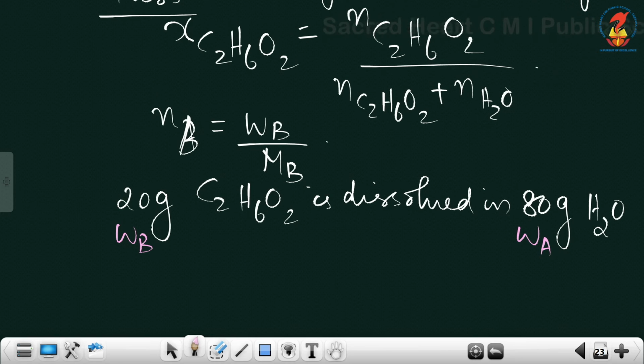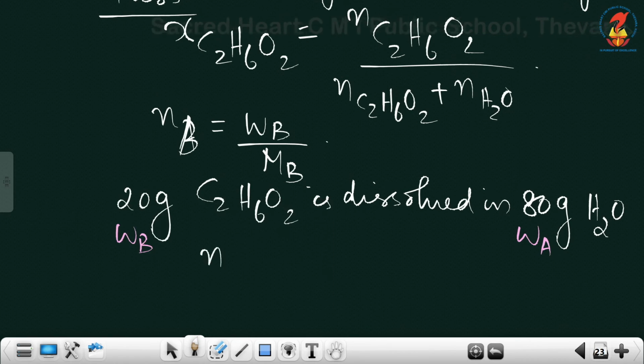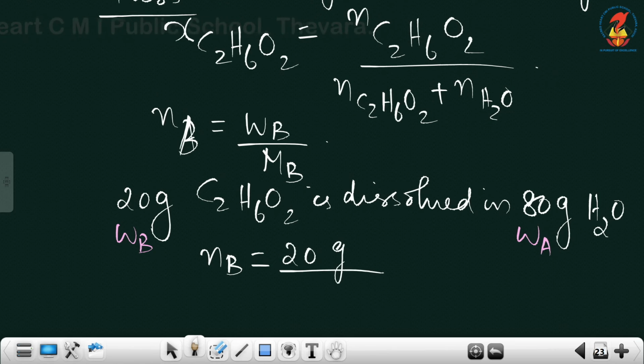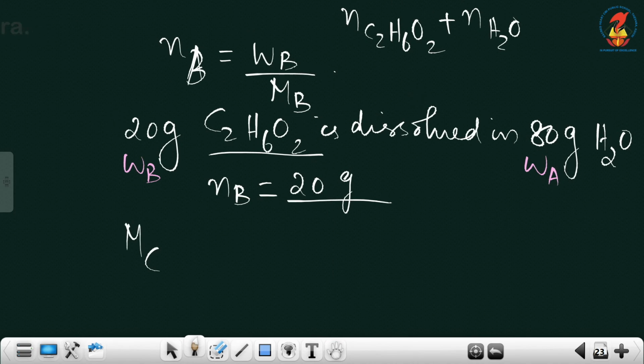Now you have to find nB first. So nB is equal to WB by MB. WB is 20 gram. Now you have to find MB, that is the molecular mass of ethylene glycol. So let's calculate the molecular mass of ethylene glycol, M of C2H6O2.